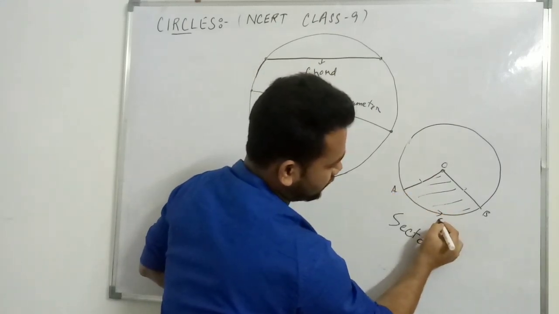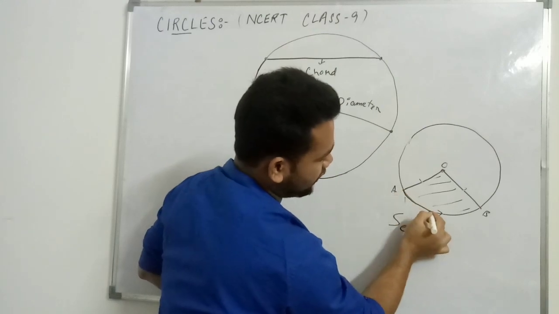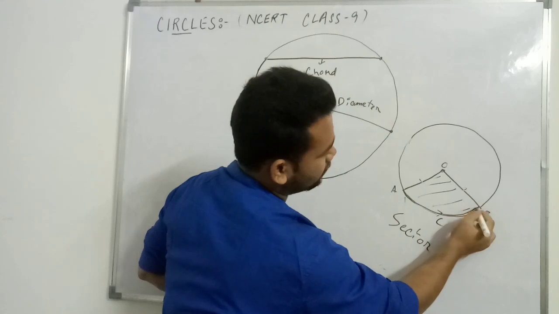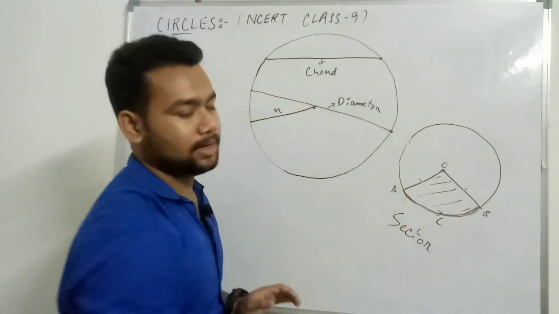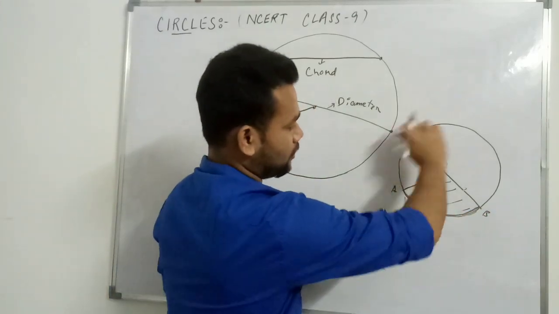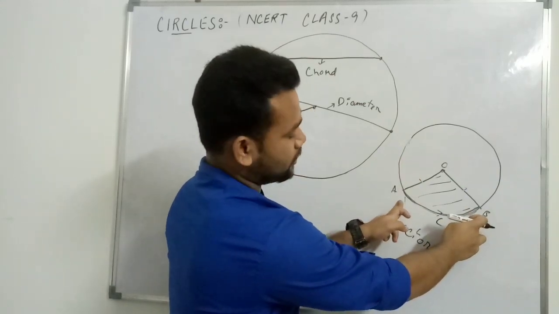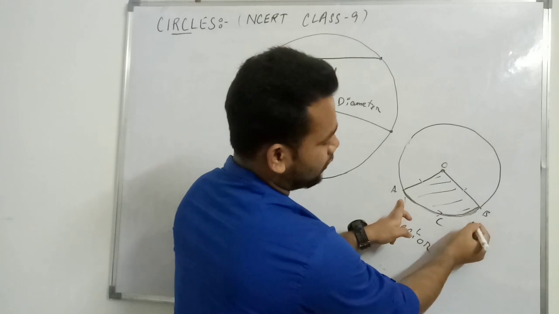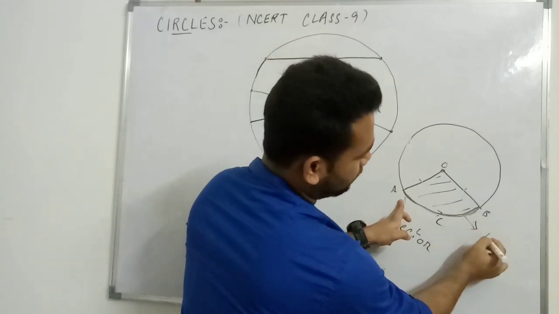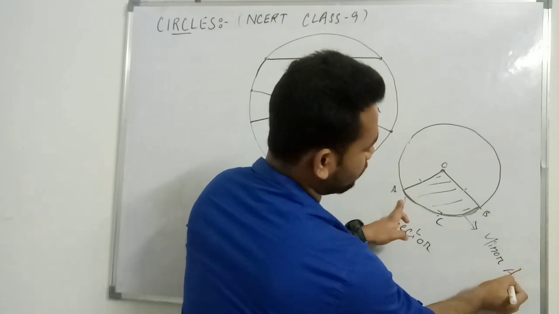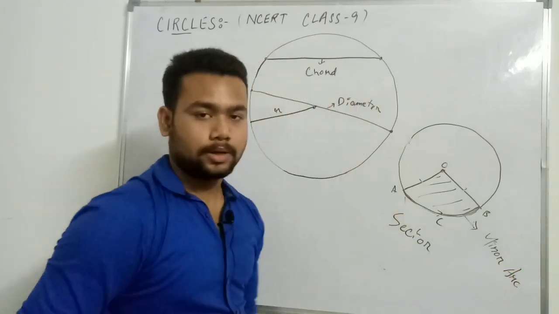Now A, if I name this point C, now ACB, this is known as arc, minor arc. See the whole circle. This ACB is the minor part, right? So that's why it is known as minor arc. Got it?